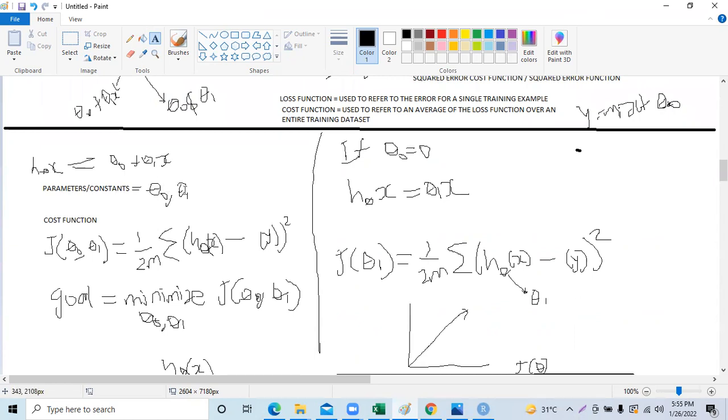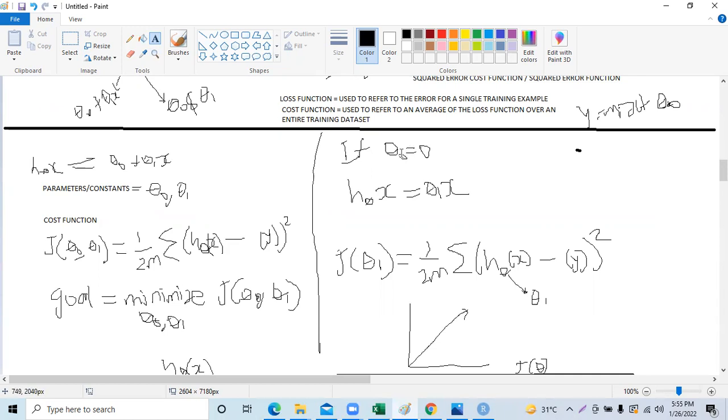So we said theta 0 and theta 1 are parameters, or constants, and this, of course, is the formula for our cost function. Then we looked at the 2D example, and how our cost function minimizes theta 0 and theta 1. But we first said let's make theta 0 equal to 0, just so that we have just one parameter to look for, and it makes our case very easy.